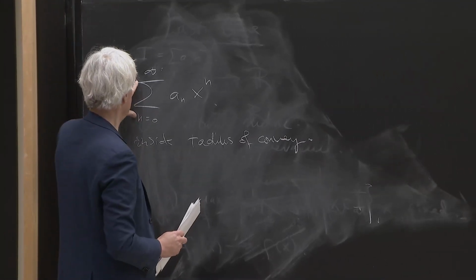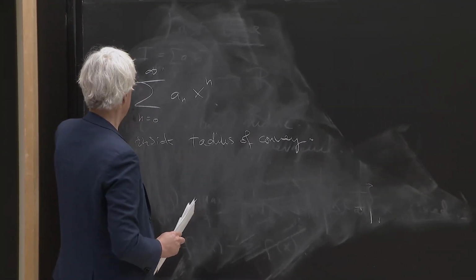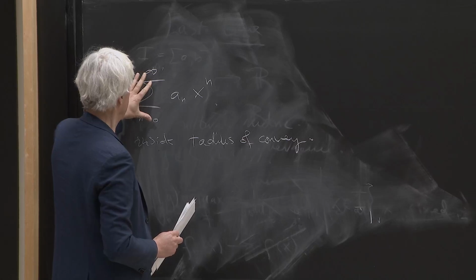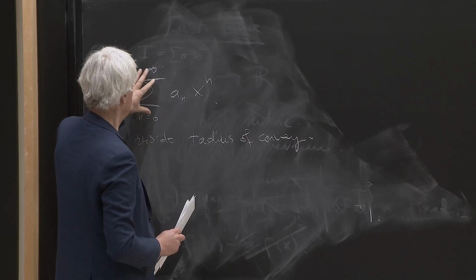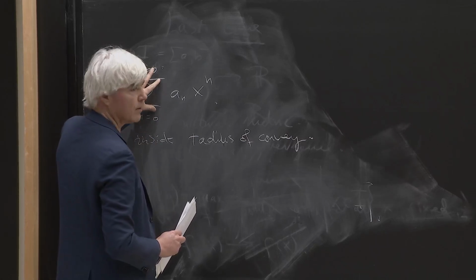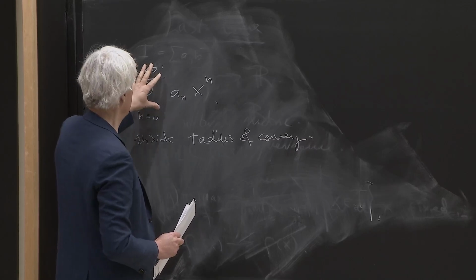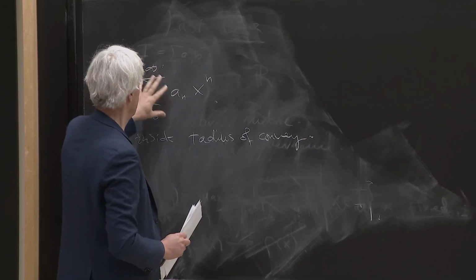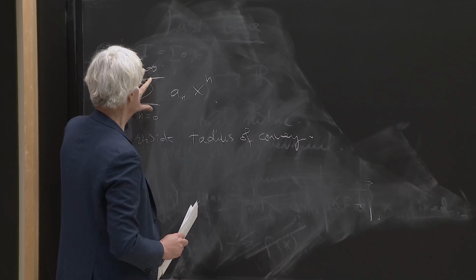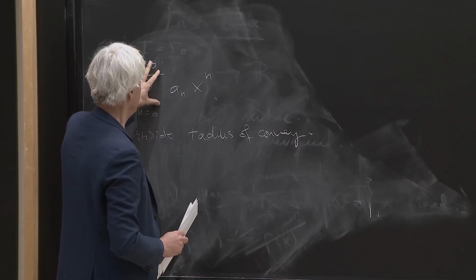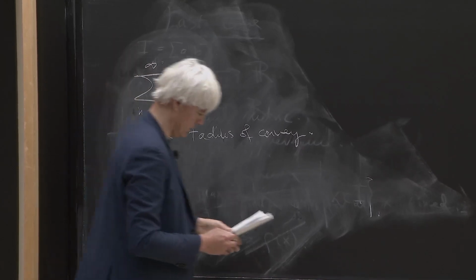So the natural question is, if you want to take the derivative, can you interchange this infinite sum with taking the derivative? And likewise, if you want to integrate this infinite sum, is it okay to interchange the infinite sum with taking the integral?